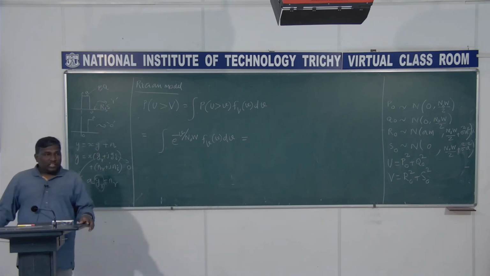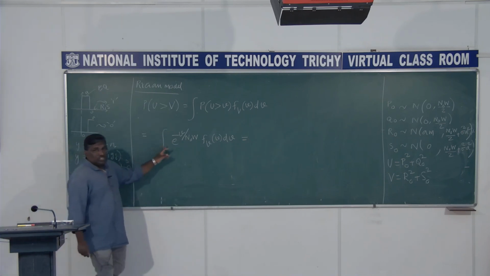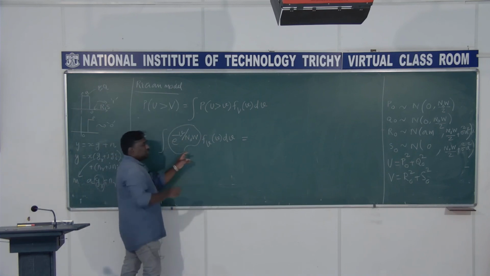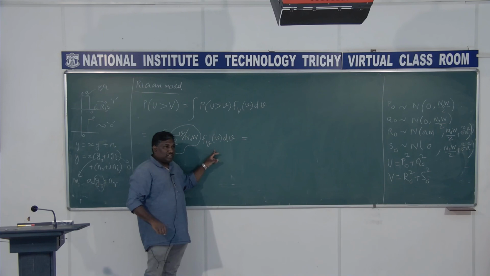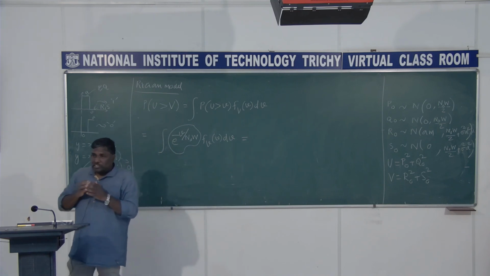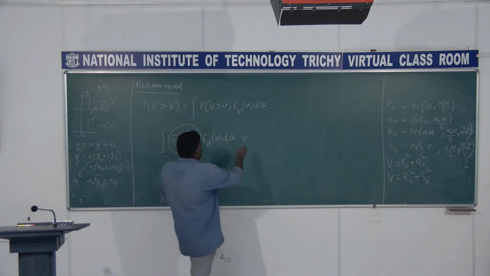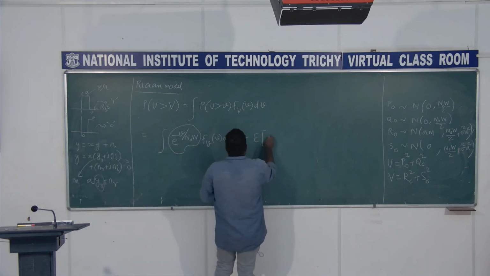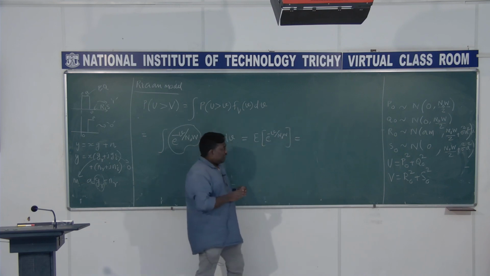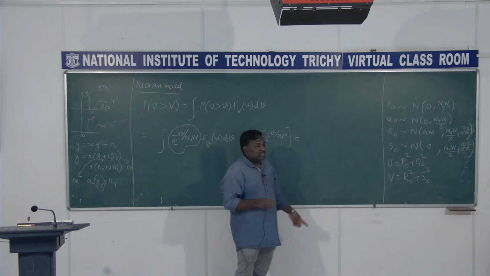Now you see this looks like a function of v, multiplied with the density function dv. It means that it is simply the expectation of e power minus v by N0 W. If I replace this v, we know that it is r square plus s square.